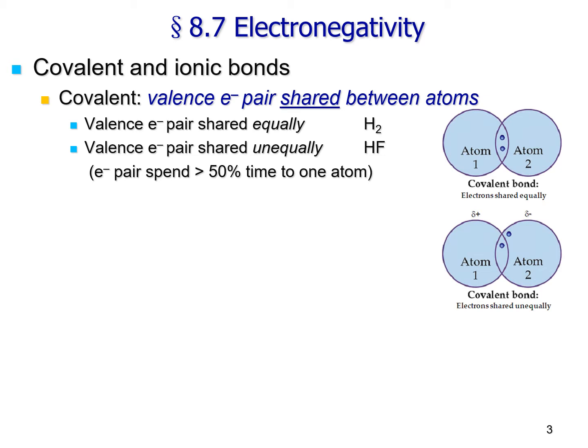That is the reason why one of the atoms, in our case fluorine, has some kind of negative charge, and hydrogen will have some kind of positive charge. Why is something we're going to discuss later in the second half of chapter 8.